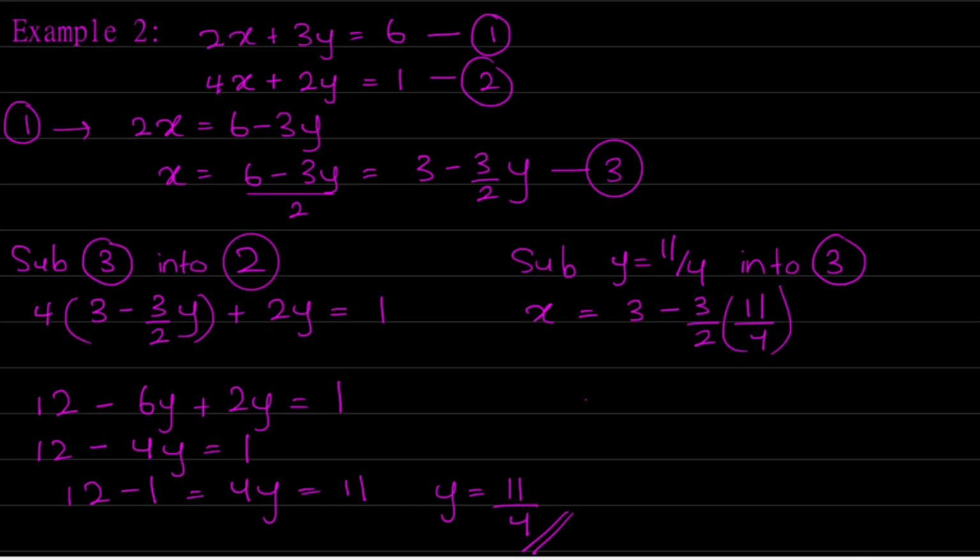And when I solve this, I get 3 minus 33 over 8, which is equal, if I use common denominators here, to 24 over 8 minus 33 over 8, which is equal to minus 9 over 8. And therefore, x is equal to minus 9 over 8.